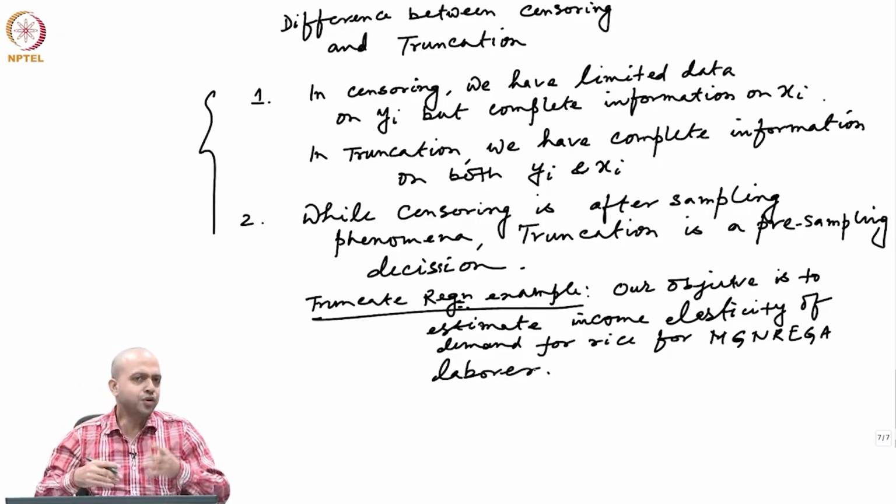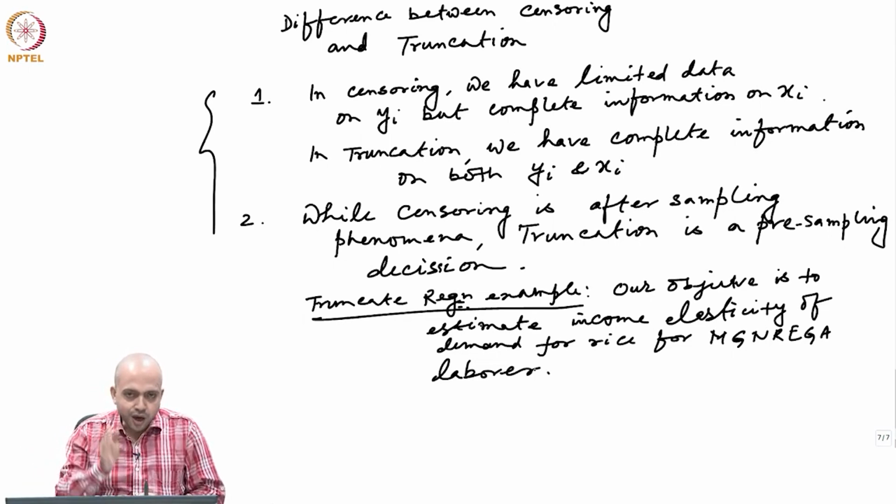That means I am not going to ask each and every individual how much do you spend for rice. Rather, I will focus only on those individuals who are MGNREGA laborers. So that means while collecting the sample itself, it is truncated. I will take only those who are MGNREGA people, right?